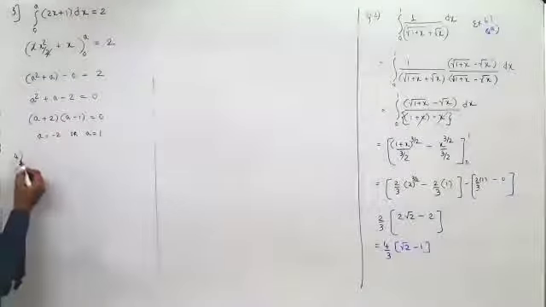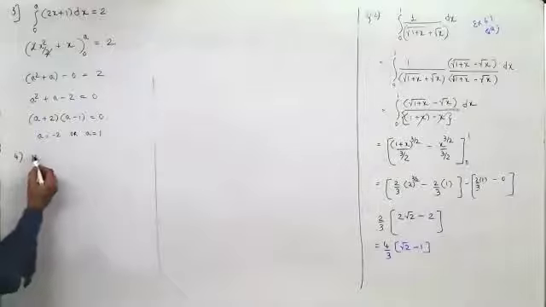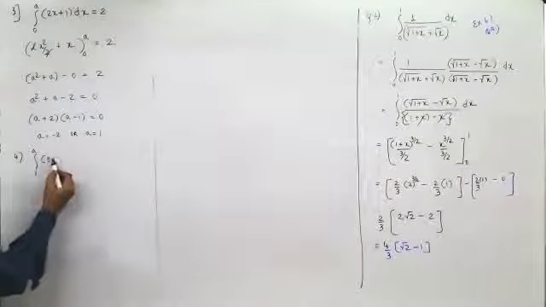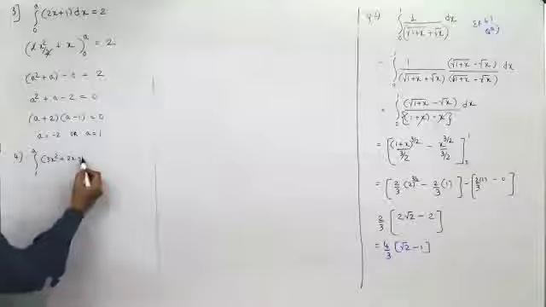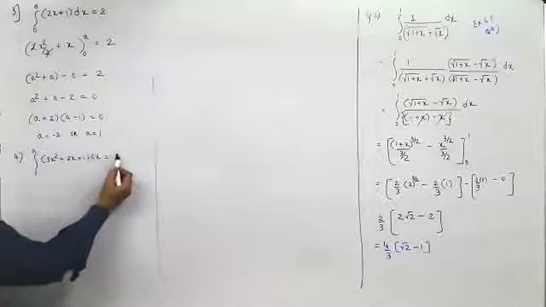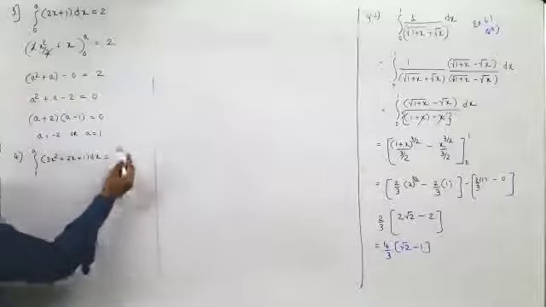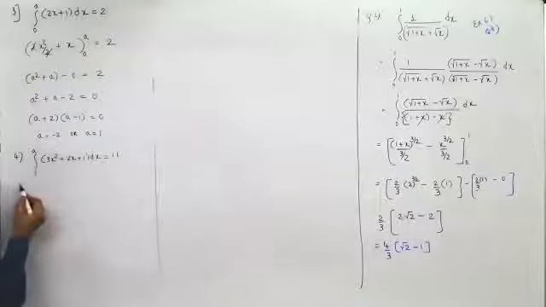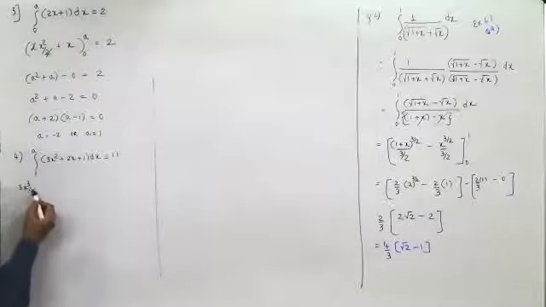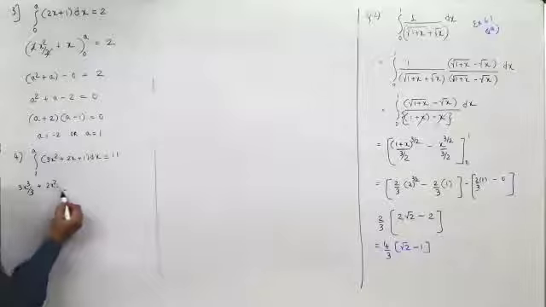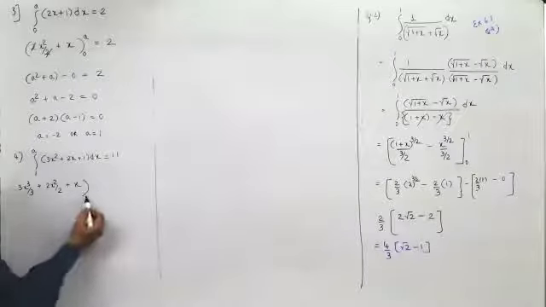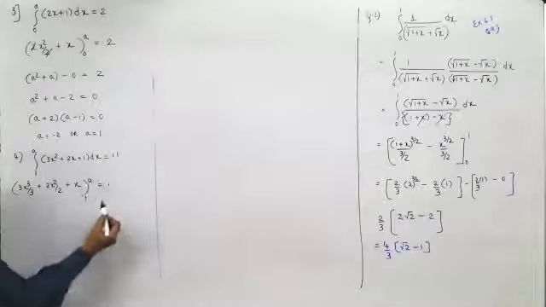Next, fourth one. 1 to a, 3x square plus 2x plus 1 dx is equal to 11. Find the value of a. Now, here I'll solve it individually. I'll get 3x cubed by 3 plus 2x square by 2 plus x between 1 and a, and that is equal to 11.